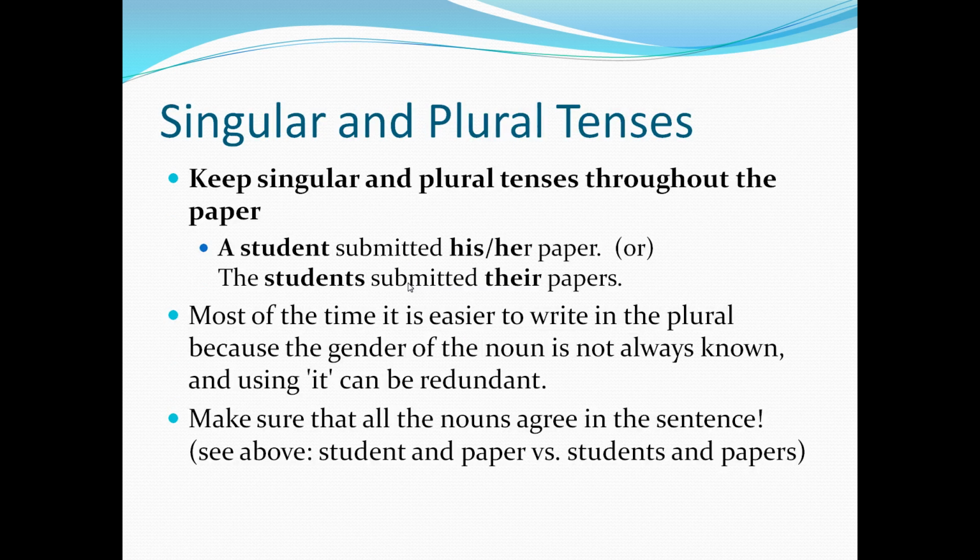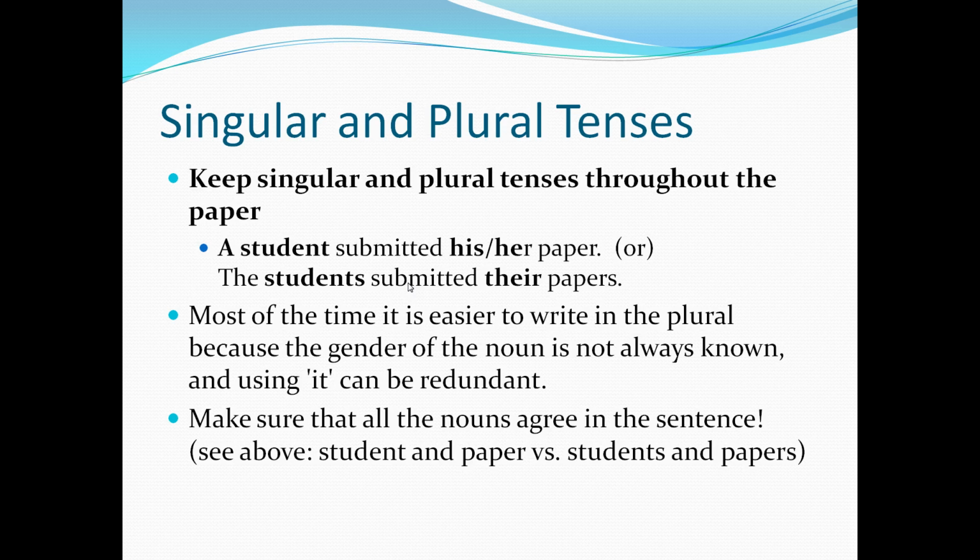Singular versus plural tenses. Keep singular and plural tenses consistent throughout the paper, especially in the sentence. I like to always write in the plural if I can, because more often than not, if you say, the participant turned in their surveys, for some reason we really like to mix and match singular and plural.